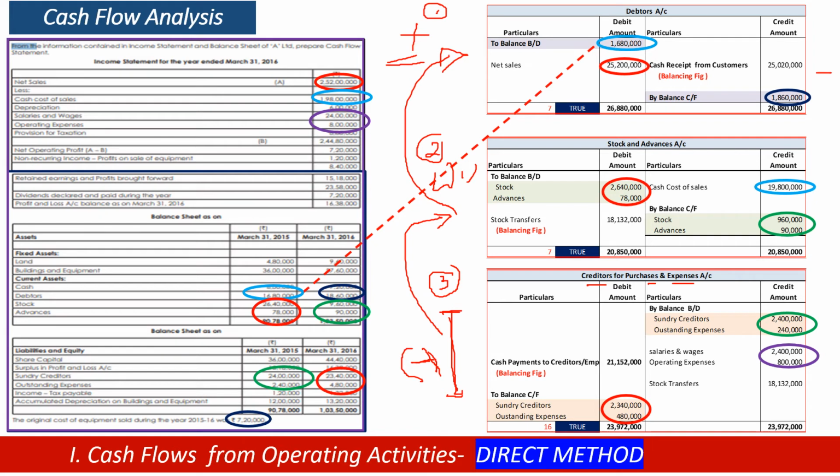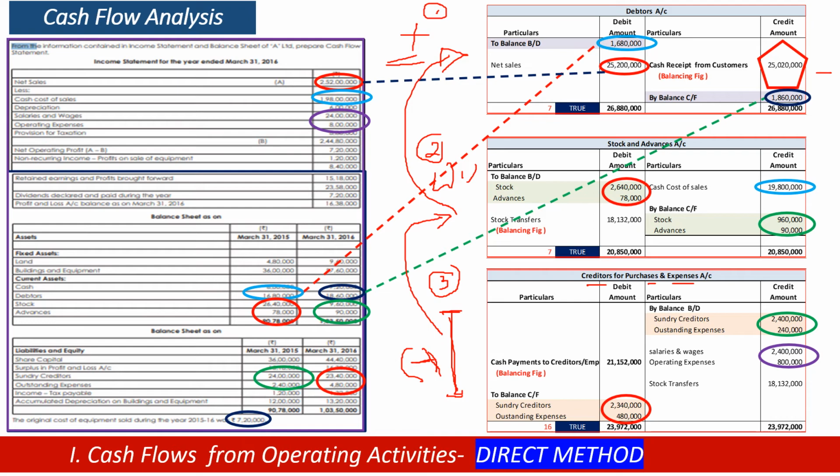Debtors balance is 16 lakhs 80,000. Second, there is a net sale of 252 lakhs. And we have a closing balance of 18 lakhs 60,000. If you go for the balancing figure, it is very simple and clear.